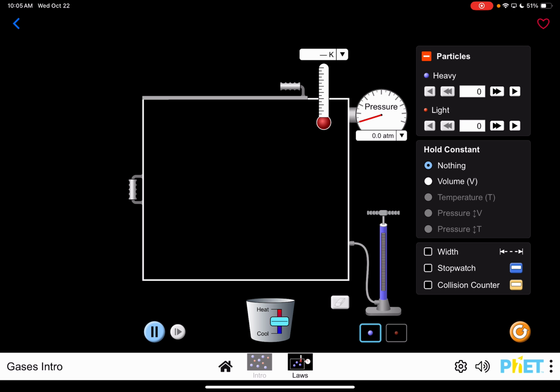A couple of important unit conversions. Obviously, if you're in grams, you know how to get to moles. If you're in milliliters or something, you can get to liters. The other pressure unit that you'll see frequently is torr. This is on your exam equation sheet: it's 760 torr per atmosphere. So if you have to switch from torr to atmospheres, you can utilize that.